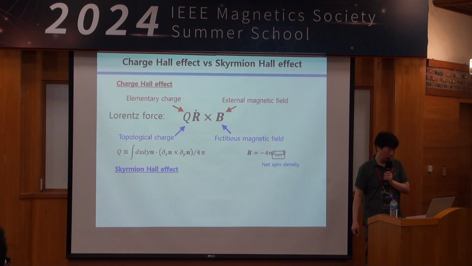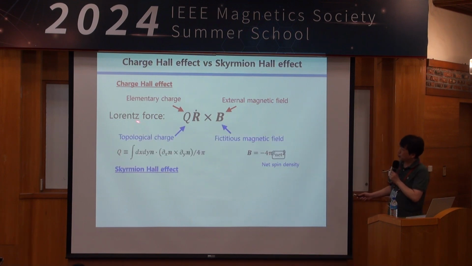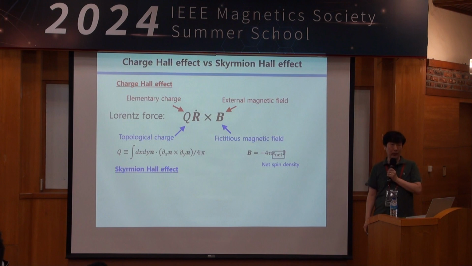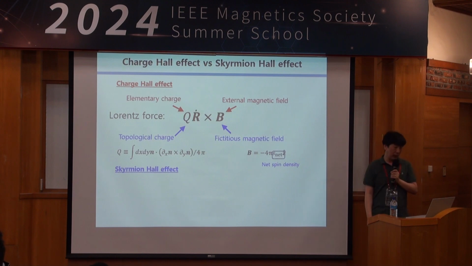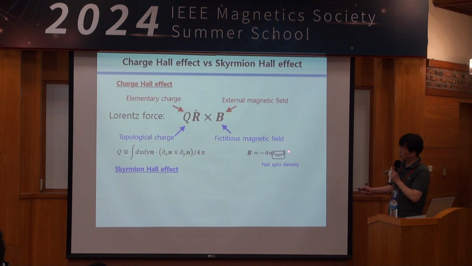In the case of the skyrmion, there is no true charge, but there is a topological charge defined in this way, where n is the magnetic order parameter. And there is no true magnetic field, but there is a fictitious magnetic field that is proportional to the net spin density. So from this description, you can immediately recognize that if you remove this net spin density, there will be no skyrmion Hall effect.